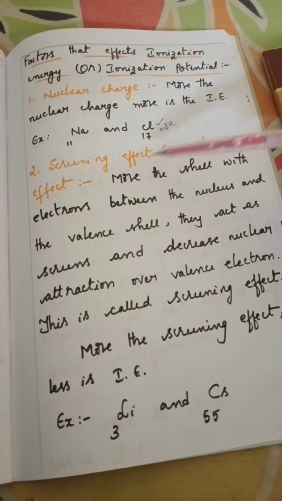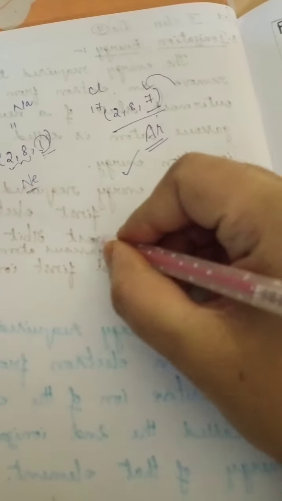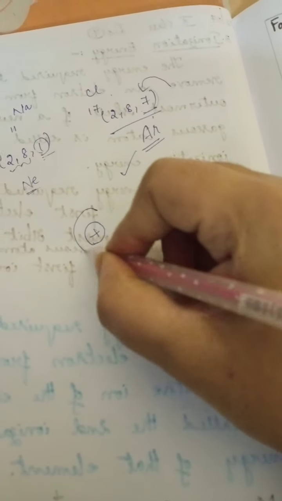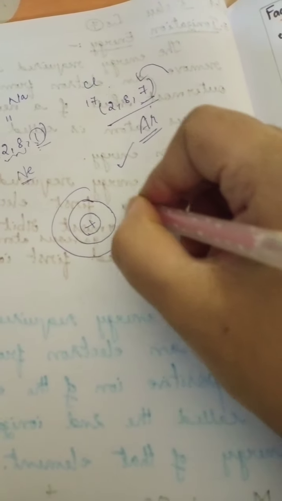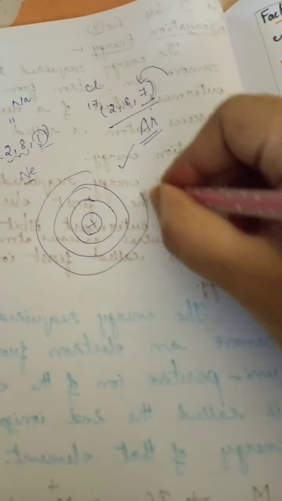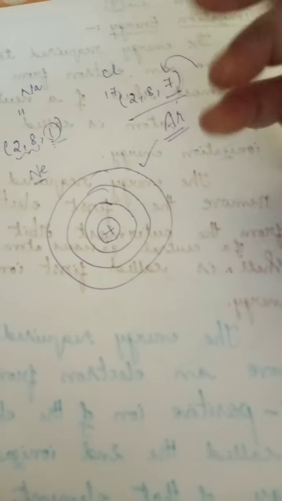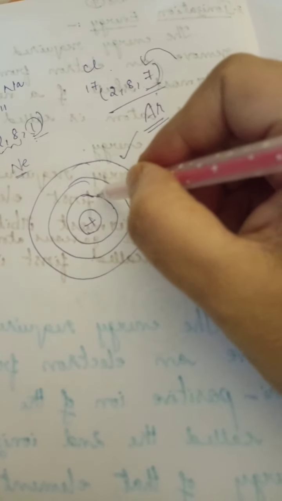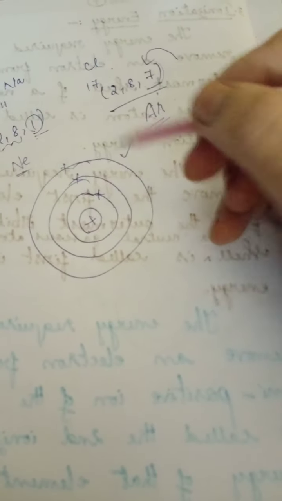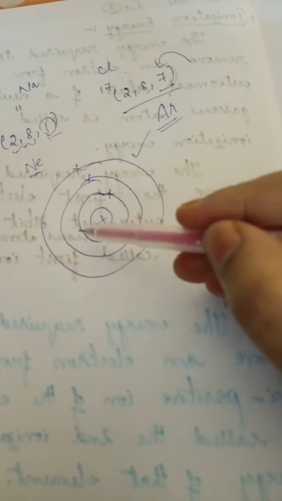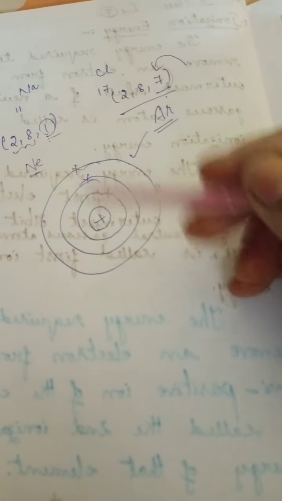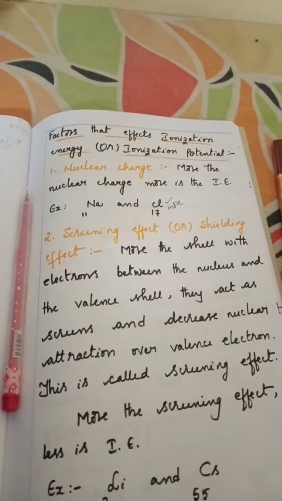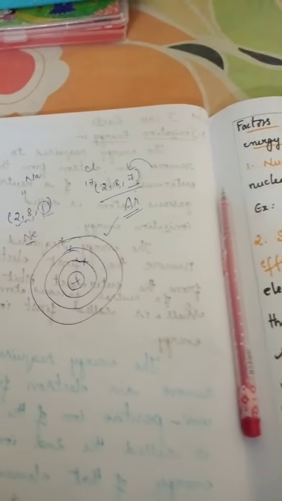Now, screening effect or shielding effect. Here, this is the nucleus, and these are the orbits or shells. If the number of shells from the nucleus is more, and all these shells have electrons also, then what will happen?